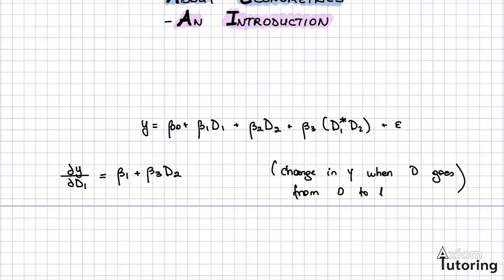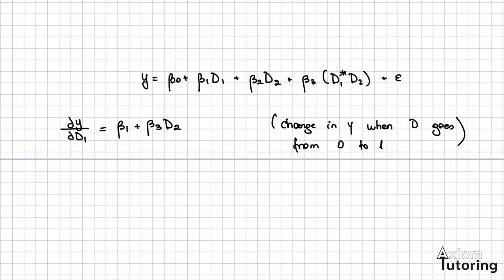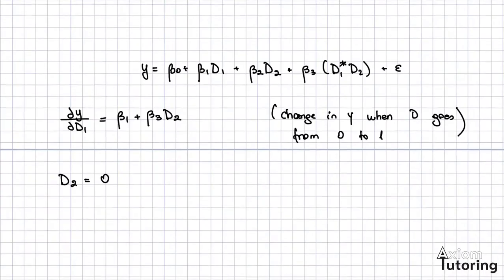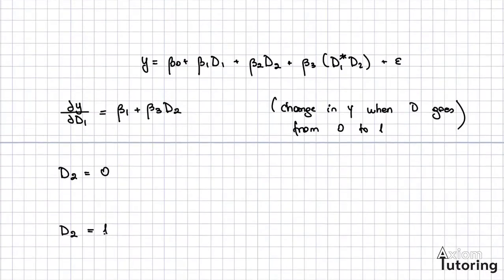So now let's evaluate different values of d2. Now, we know that d2 is also a dummy, so it means that we have a case where d2 is equal to 0. Let's start with that first, actually. And then the case where d2 is equal to 1. Well, we can easily see that the derivative with respect to d1, if d2 is 0, becomes just beta 1. While the derivative of y with respect to d1 when d2 is equal to 1 is just going to be beta 1 plus beta 3.